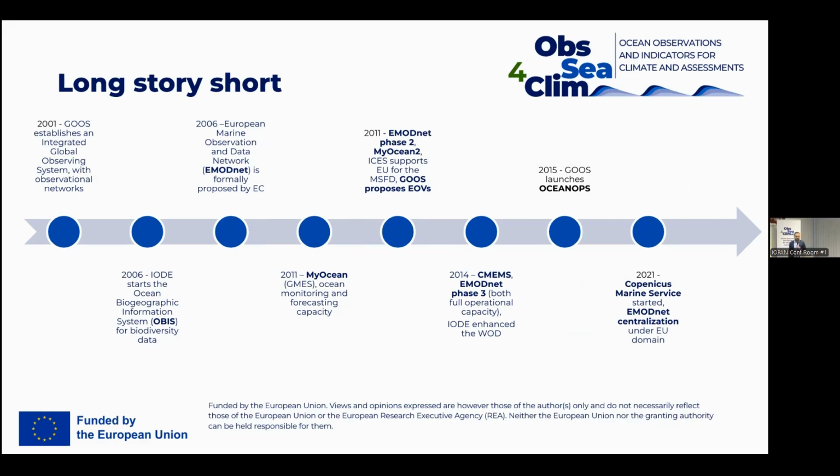Then in 2006 we have the formal proposition of EMODnet, the European Marine Observation and Data Network, and from 2006 up to now we see that EMODnet, MyOcean and Copernicus were evolving to become operational systems at the European level to facilitate data sharing and implement observation and modeling capacities.